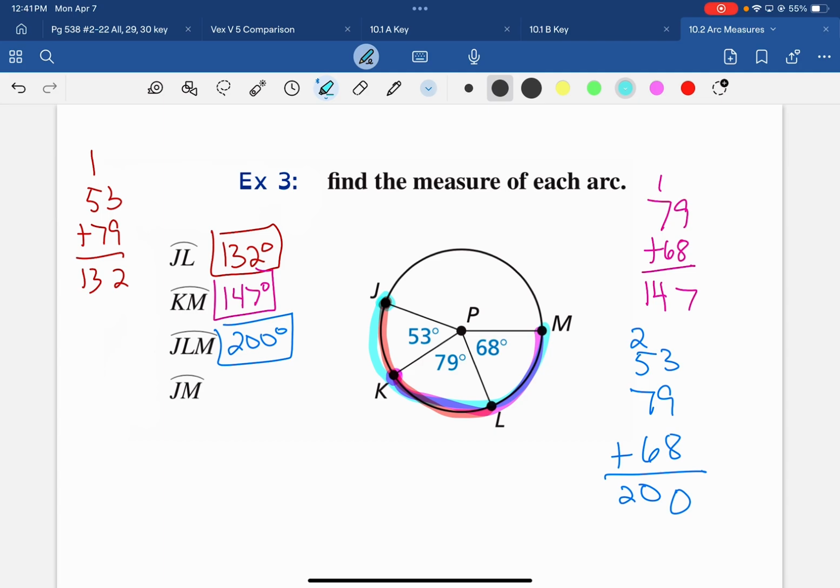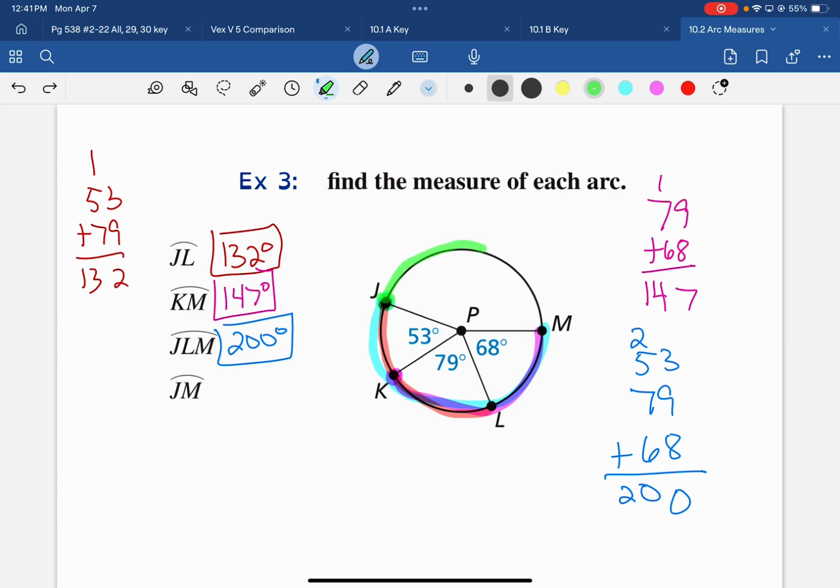And then the last one, JM. Cassie, starting with J, should I go clockwise or counterclockwise? So counter like this way? Is that going to make it a minor arc if I do that? Will it be less than half the circle? No. So we want to go the other way, right?